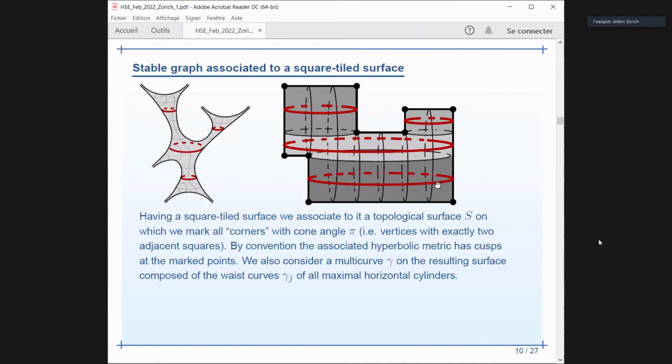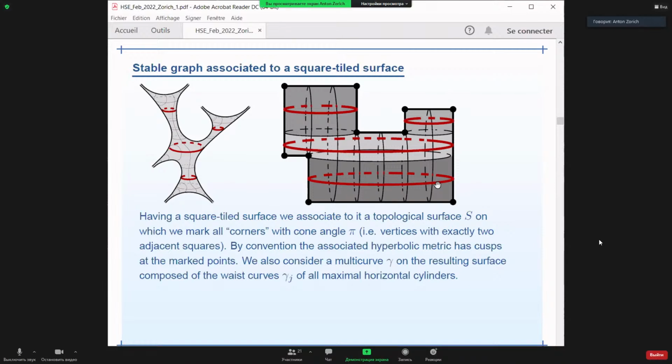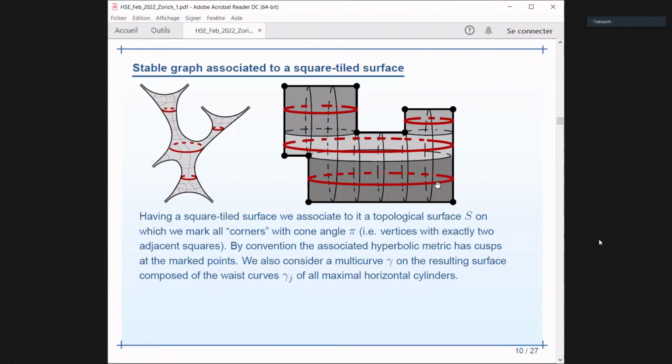So the bottom part of the picture is like this. I have a true flat cylinder, and now here I create two corners, and this is the bottom of my surface. The top part is exactly the same, except that I have to take it upside down. But if I open up by this part, I will have my horizontal cylinder. So with this surface, I have a cylinder here, then another cylinder here, and a cylinder here.